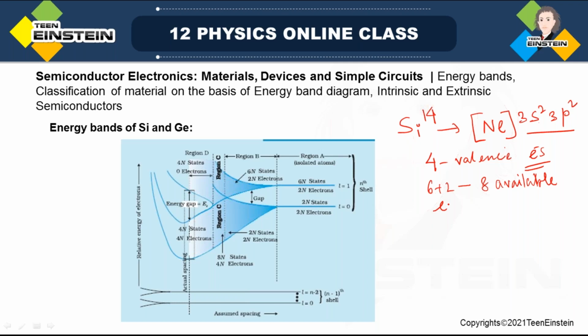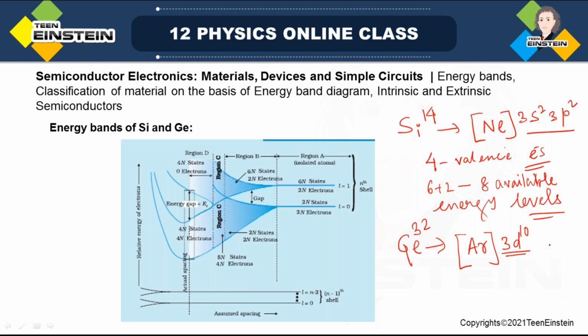Now, if we just consider germanium, actually they have a similar crystal structure. Let us see the electronic configuration. It has 32 electrons. So the configuration will be argon, an 18-electron closed shell, and along with that 3d10.